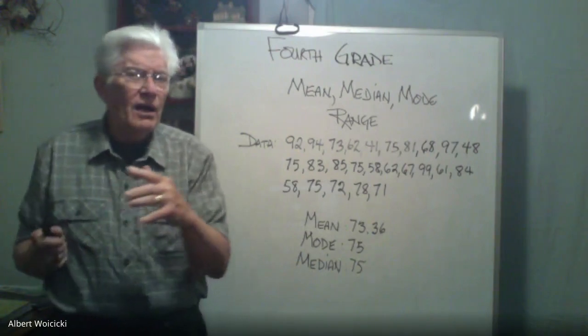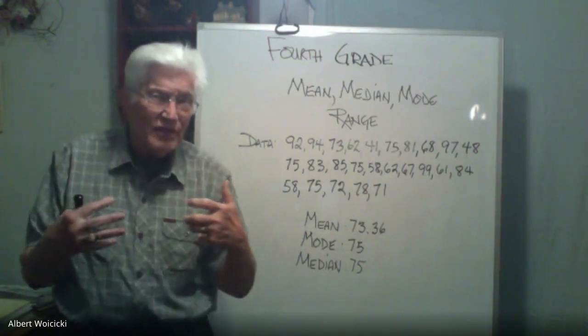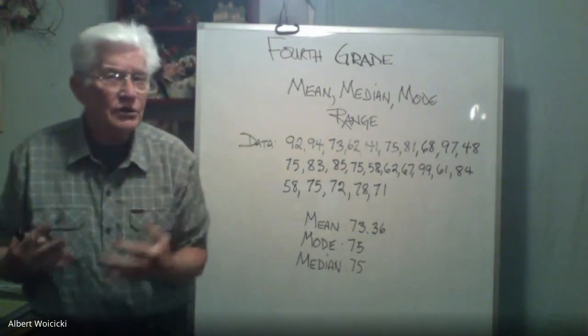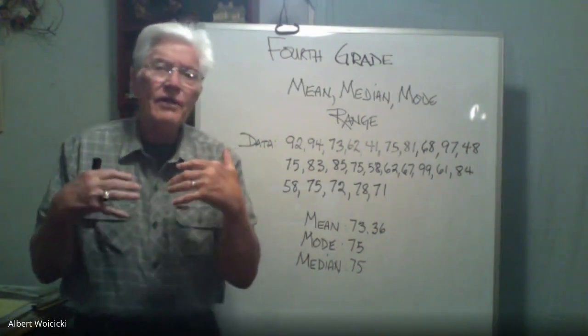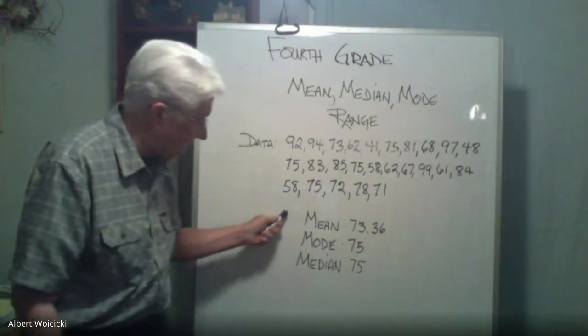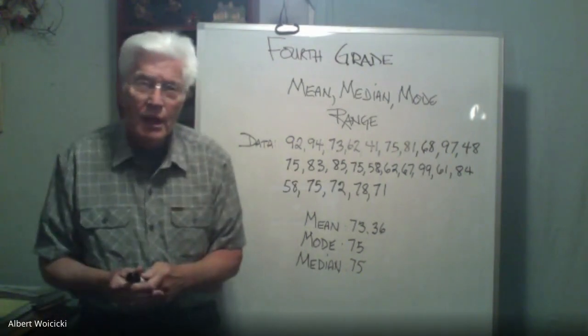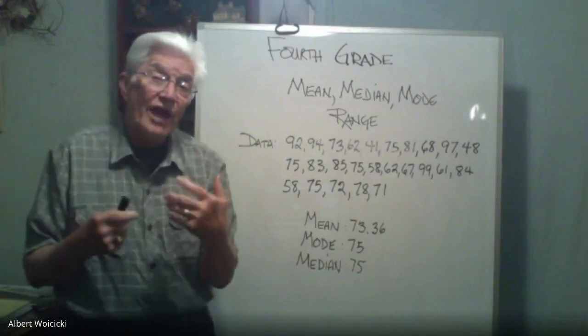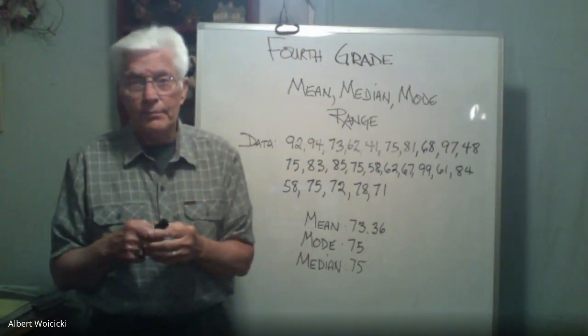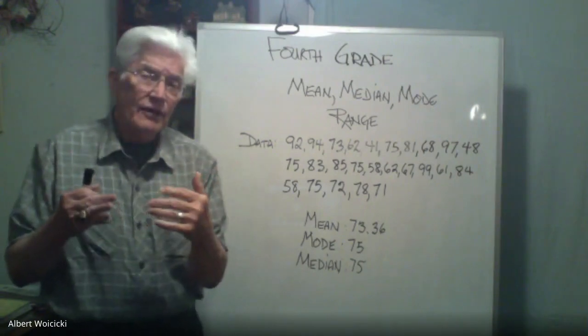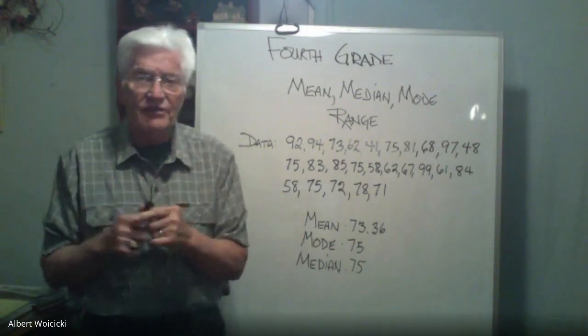But now let's take a look at giving this set of numbers to the students and see that they come up with these numbers like you do. But then ask them, do they think the test was a fair test? Do they think that there could be some tweaks in the test?